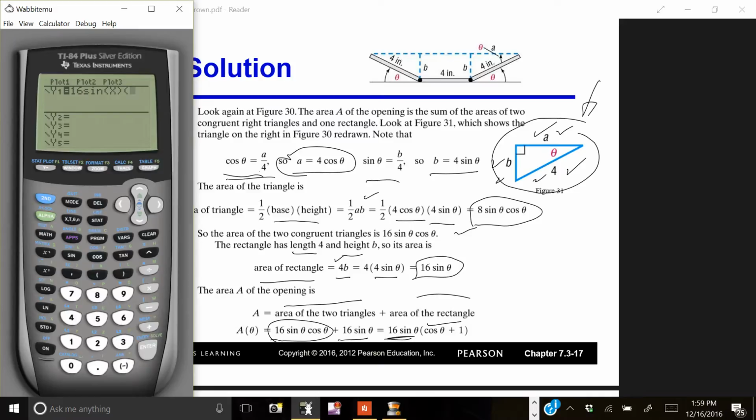Then another parentheses, which would be cosine of theta, plus 1 in parentheses. Now, let's set up our window. X min should be, say, 0 degrees. X max should be like 90 degrees.